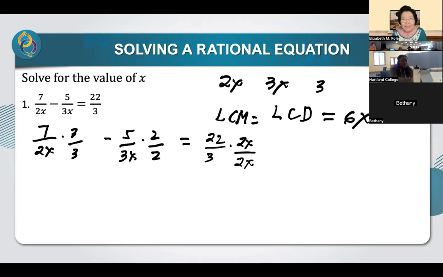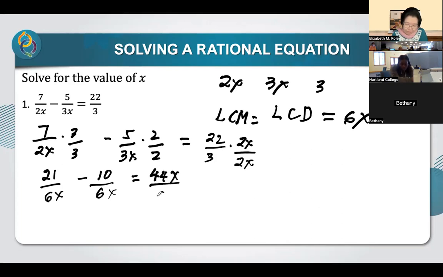All of the denominators should be the same. So you now have 21 over 6x minus 10 over 6x is equal to 44x over 6x.